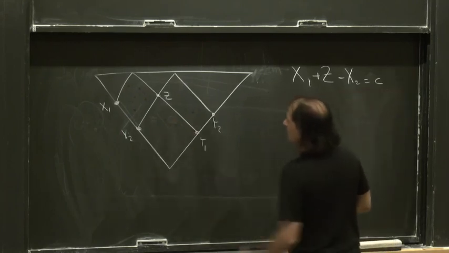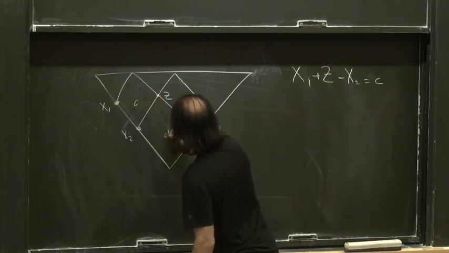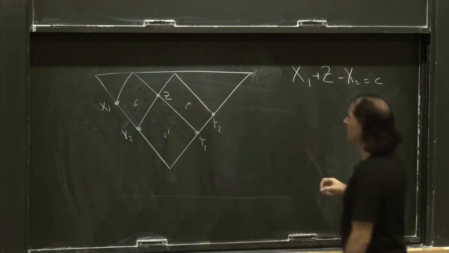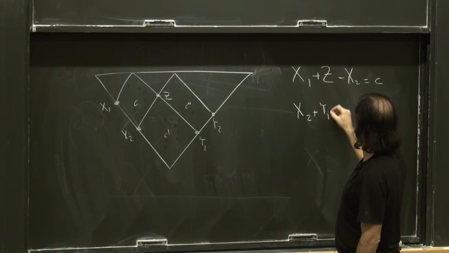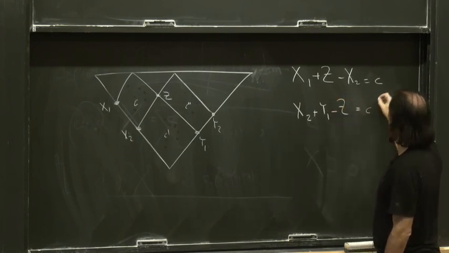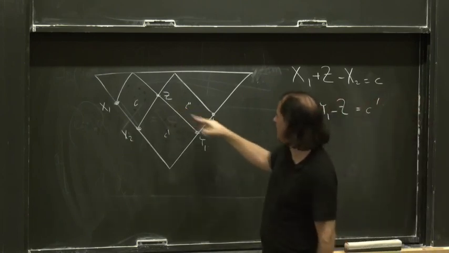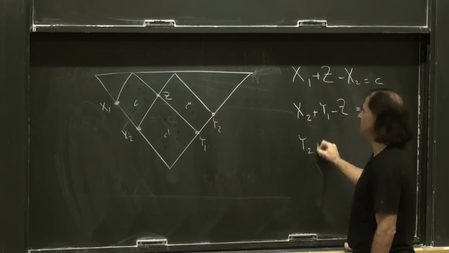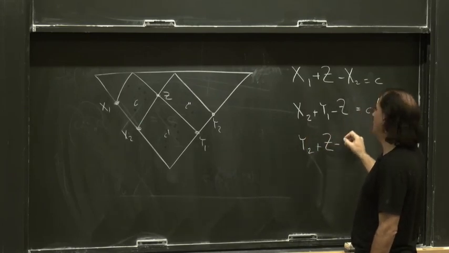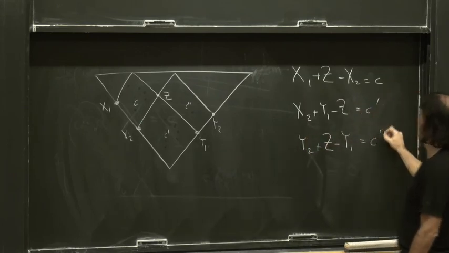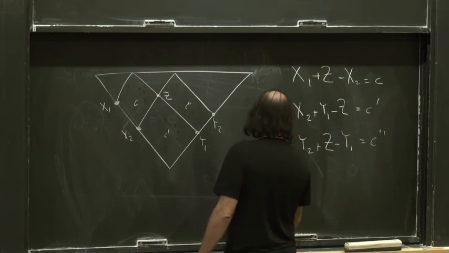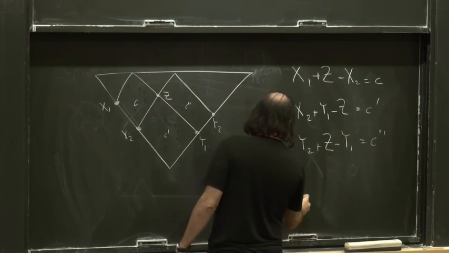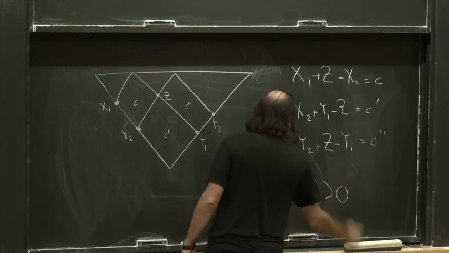This mesh, let's put some c prime and c double prime here, says that x2 plus y1 minus z equals c prime. And this one says that y2 plus z minus y1 is c double prime. And now note that I want all of these 5 variables, x1, 2, y1, 2, and z, to be positive.